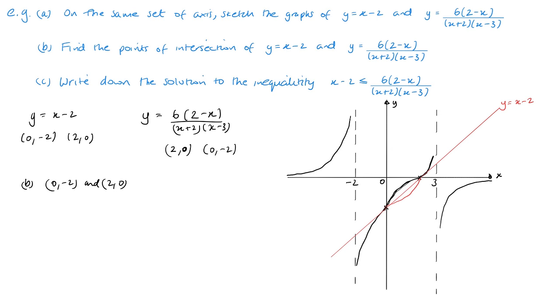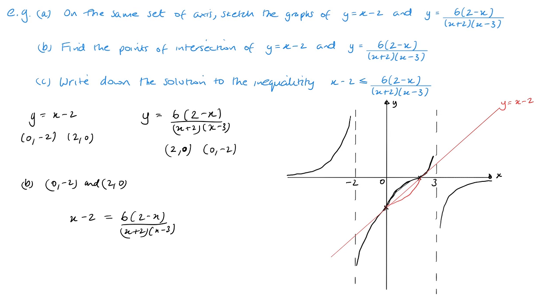So let's actually make these two equal just to check in case there is more than 2 points of intersection. So that means we put x minus 2 equals 6, 2 minus x over x plus 2, x minus 3.